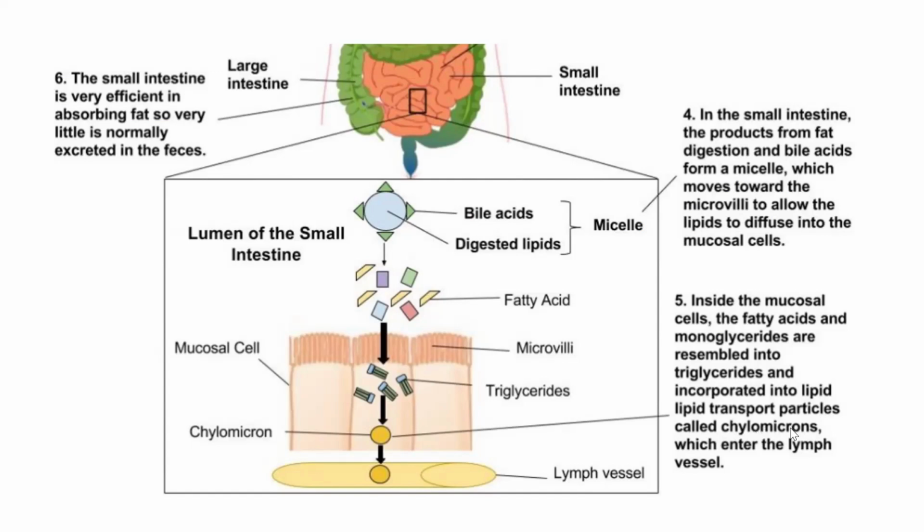Chylomicrons are the transport particles that carry the re-esterified fatty acid and transport it into the lymph vessel. The small intestine is very efficient in absorbing fats, so very little is normally excreted in the feces.